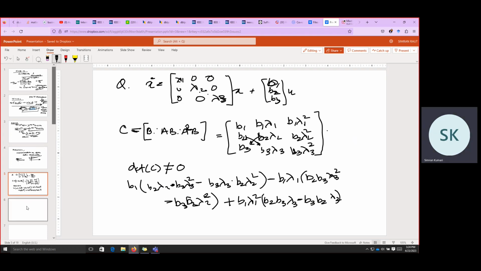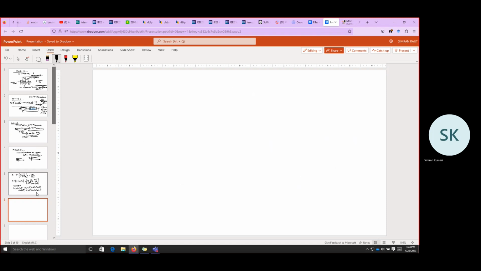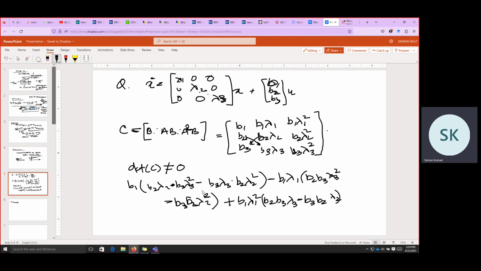Now we just simplify this one. That is B1 B2 B3. If you see, we can take out here B2 B3, here also we can take out B2 B3, here also.